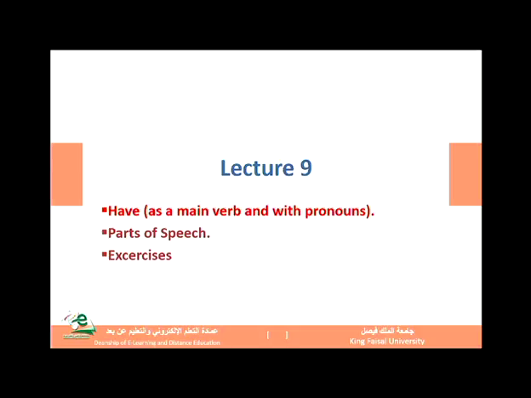Also, we will be talking about parts of speech, and how suffixes help us identify the parts of speech of a word. And at the end, we will be doing some exercises as well.